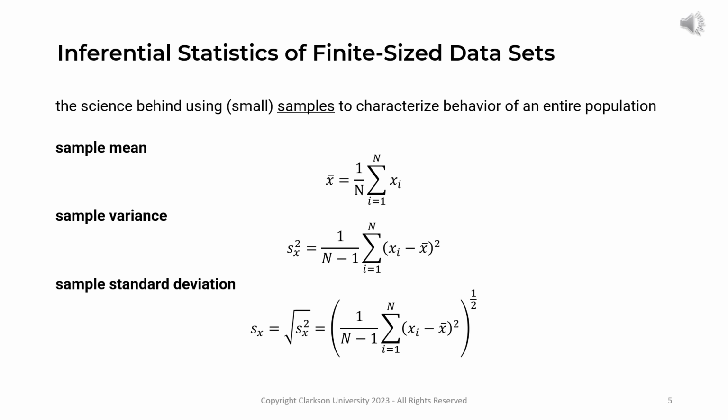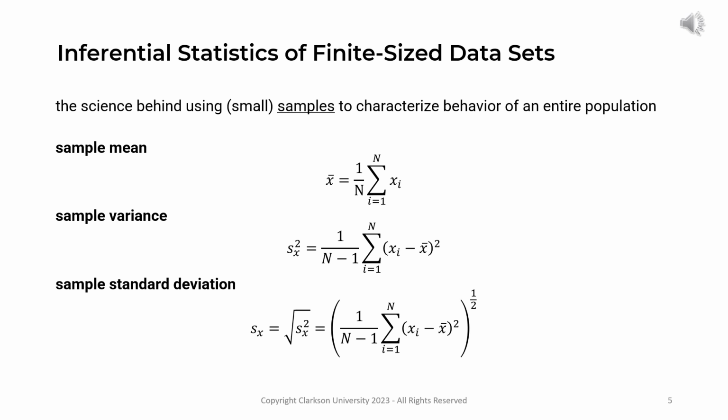Suppose we examine the case where we obtain n measurements of x, each measurement represented by x sub i, where i equals 1, 2 to n, and n is a finite value. In cases where n does not represent the total population, the statistical values calculated from such finite data sets are only estimates of the true statistics of the population of x.